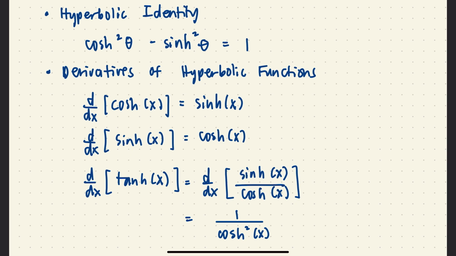Your derivative of hyperbolic sine of x is simply your hyperbolic cosine of x, while your derivative of hyperbolic tangent of x is the derivative of hyperbolic sine of x all over hyperbolic cosine of x, which, when we substitute the values, simplifies to 1 over the hyperbolic cosine of x squared. We now apply this to our examples.